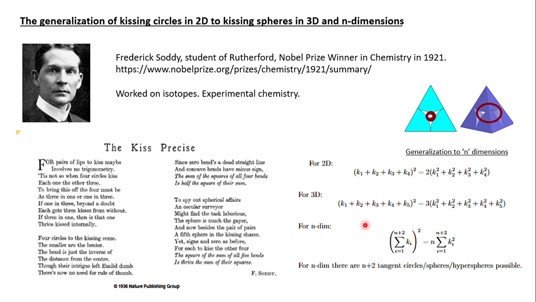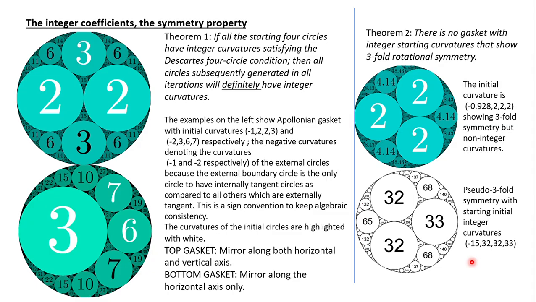Essentially, in 3D you will have 5 kissing spheres at most, and for n dimensions, just an extension of this, in n plus 2, sorry about that. In n dimensions there are n plus 2 hyperspheres possible. All right.